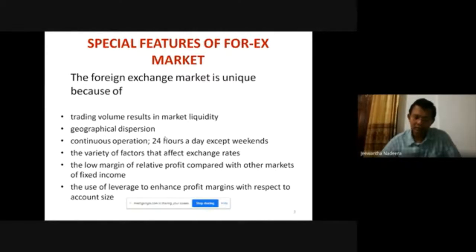Demand and supply, but managed free floating. Managed free floating in the sense what?